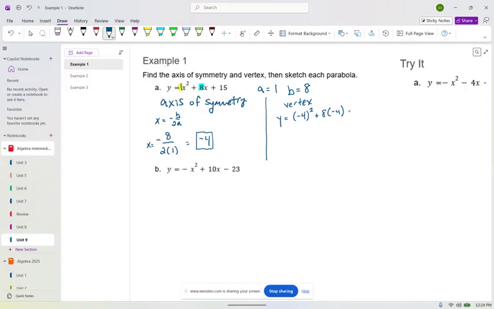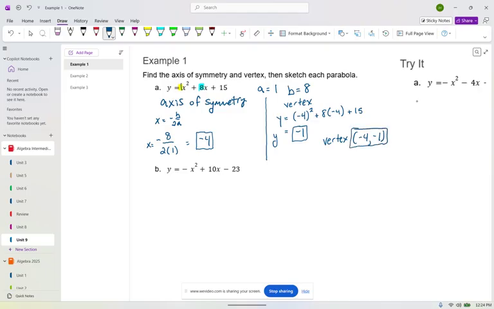So that's 8 times negative 4, plus 15. I'm going to put that all into Desmos or into my calculator, press enter, and I'm going to end up getting back y equals negative 1. So our vertex will be that coordinate, x equals negative 4, y equals negative 1.